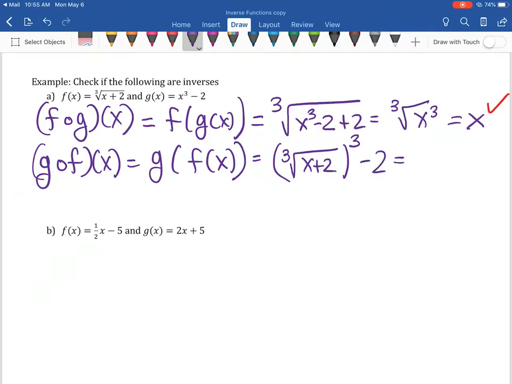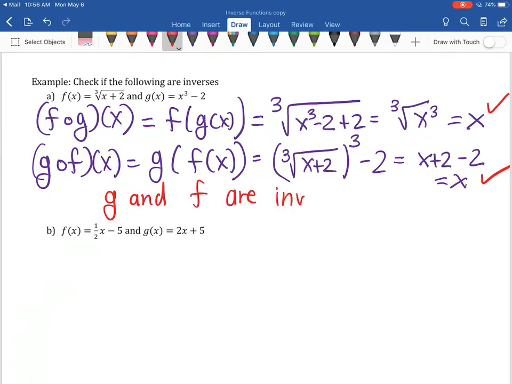Well, if I cube a cubed root, then I'm going to be left with what's underneath the root, which is x plus 2. And then I subtract 2. The 2 and the minus 2 add to 0, and I'm left with just x. So when I compose g and f in this direction, I also get x. So this means, since it works in both directions, g and f are definitely inverses.